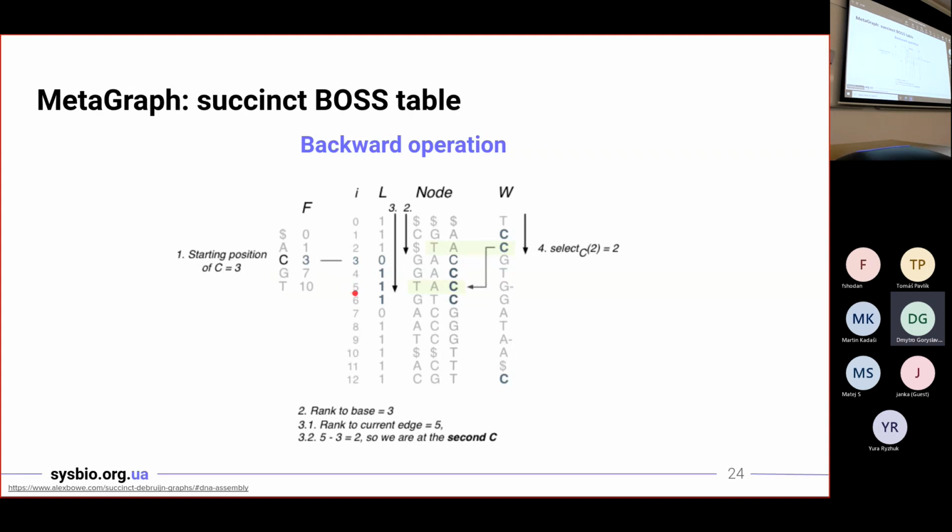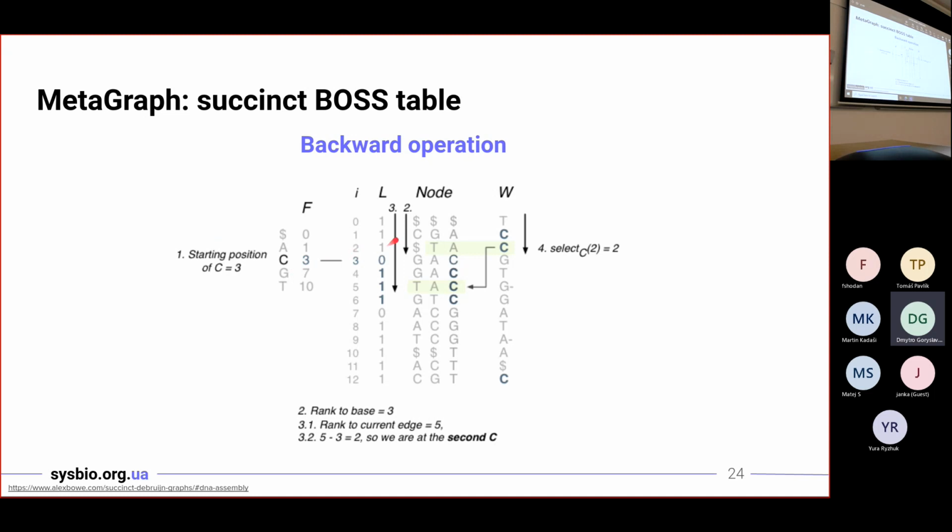If we want to find the previous node for the node with index 5, that means that it is in this range, 3 to 7. So we know that the last symbol is actually C, and the starting position of C is 3.